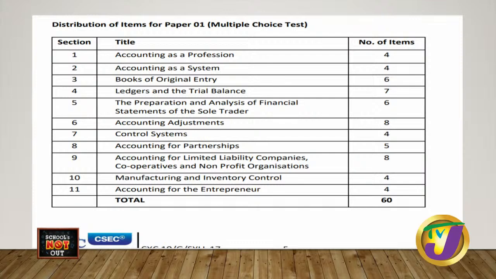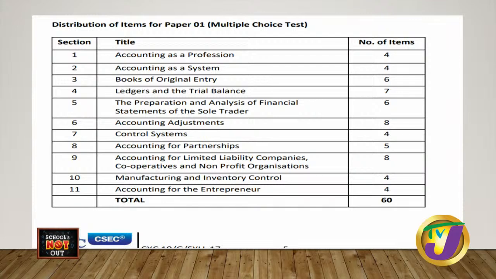If you look down at section 8, accounting for partnerships, you would recognize that the number of multiple choice items that will be on the exam paper will be 5.